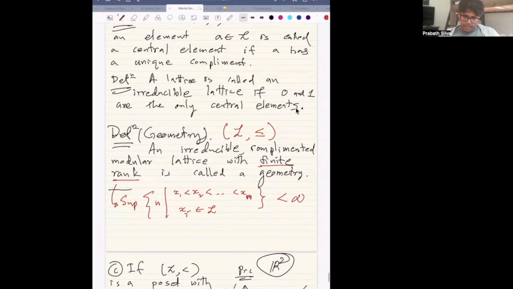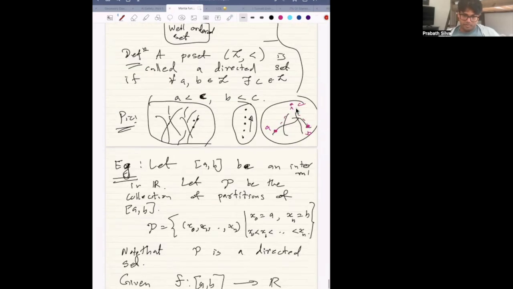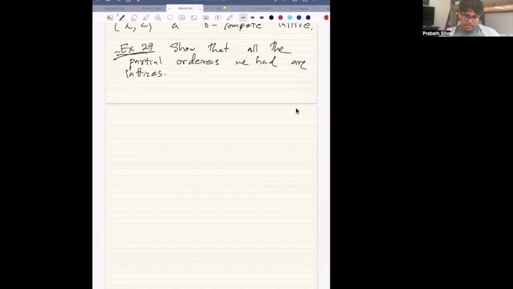Okay, so that's a geometry, and then you jump to here. So let's go back here now. The next definition is that of a Boolean algebra.